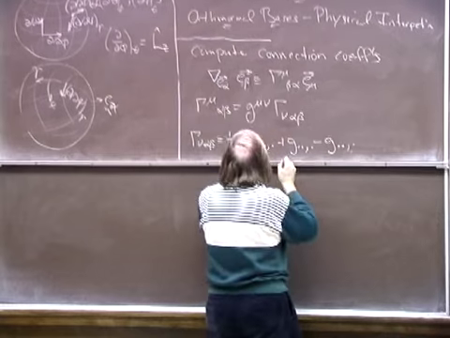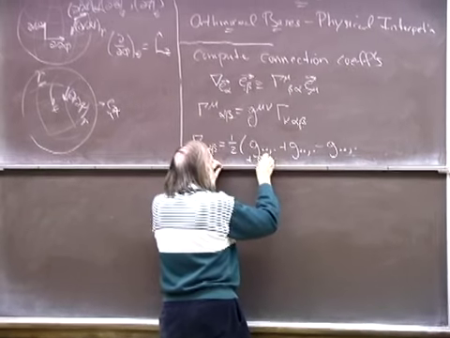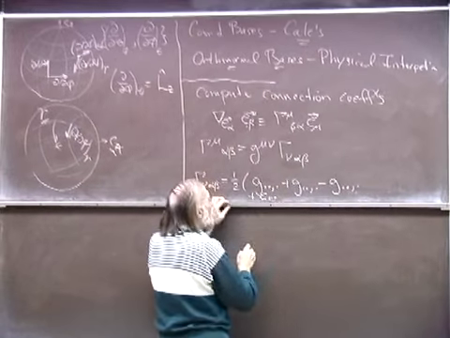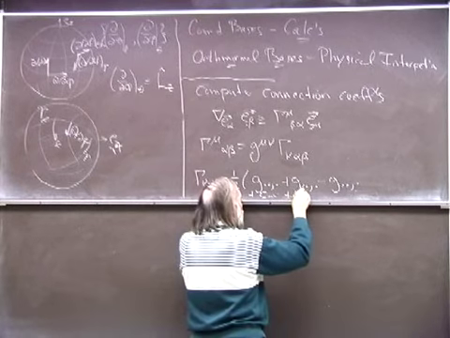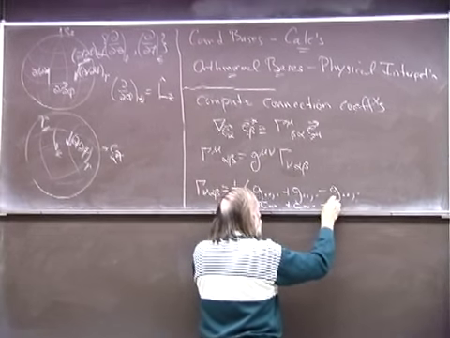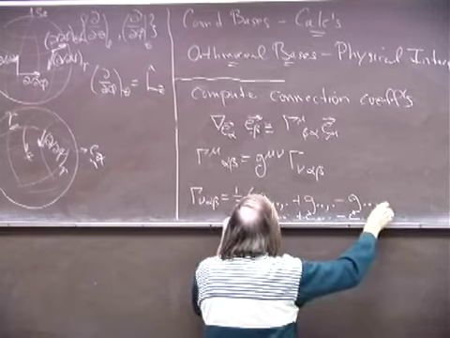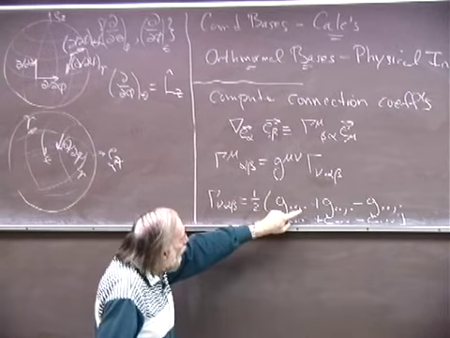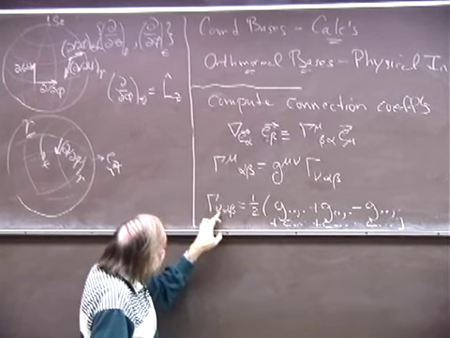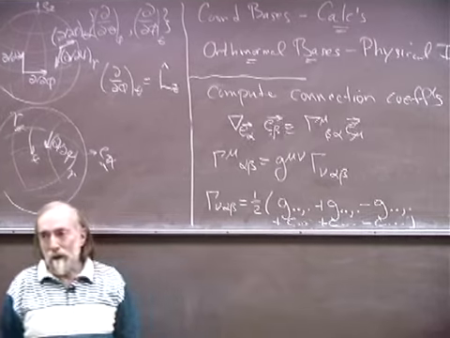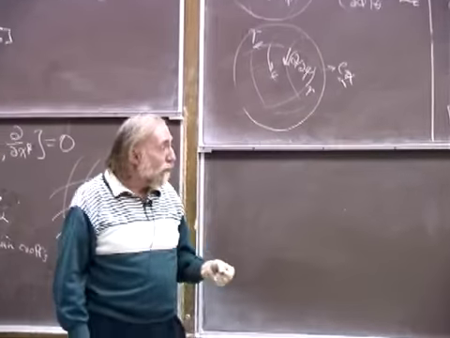And then you have plus connection coefficients with all indices down plus connection coefficients with all indices down minus connection coefficients with all indices down, where these indices are nu, alpha, and beta in some appropriate order, which you can go read about.